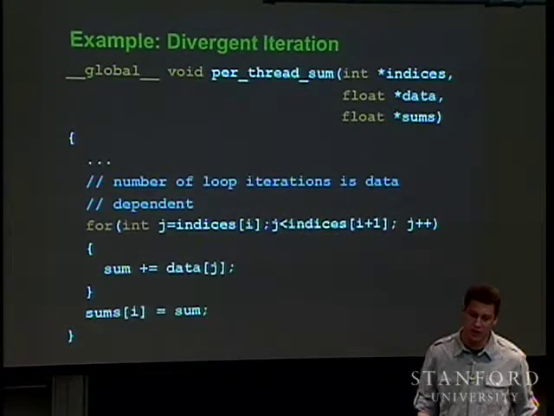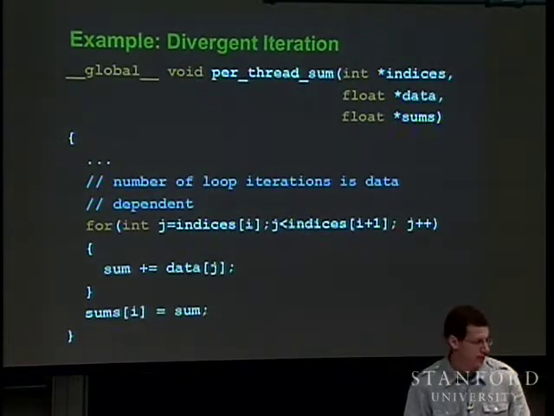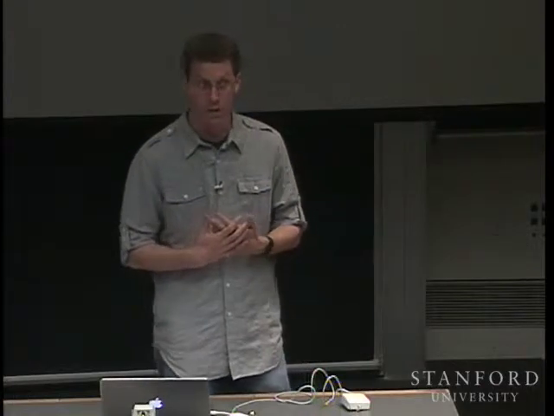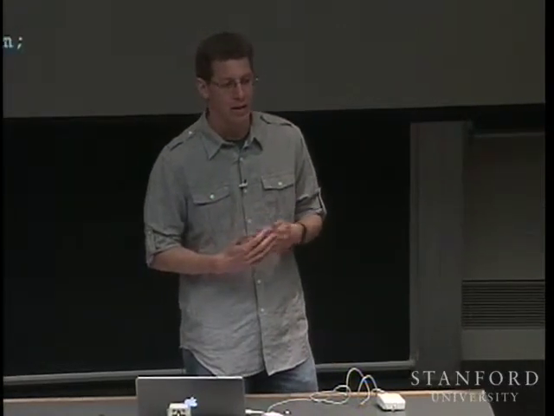So if your data happens to be such, and there are certainly workloads like that, where the great majority of your threads need to execute that loop around 10 times, and some others need to execute it 1,000 times, what's going to happen is that the one thread which needs to execute that loop 1,000 times will be dragging along everybody else.